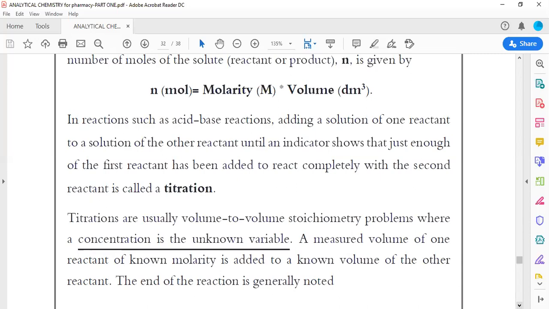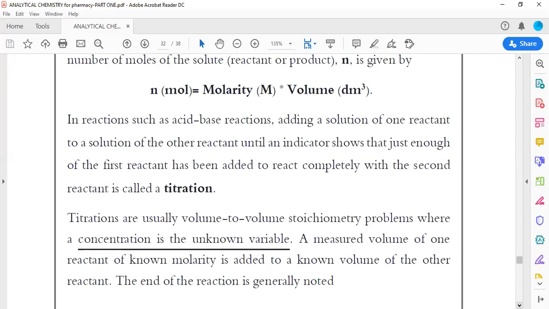By titration, acid with base, but we need to know the concentration of either the acid or the base, one of them. We cannot do two unknowns at one time.